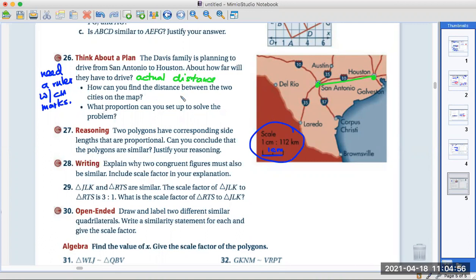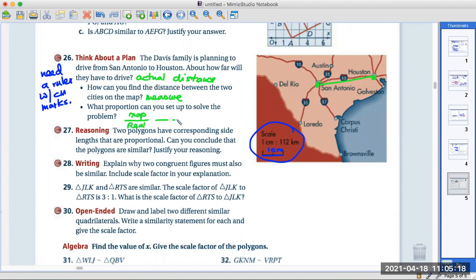So here's how can you find the distance between the two cities on the map? You need to measure it. You do need a ruler. If you don't have one at home, come to class and use it. And then what proportion can you set up to solve the problem? Well, it's the map over real life.